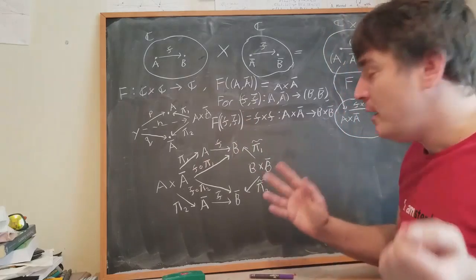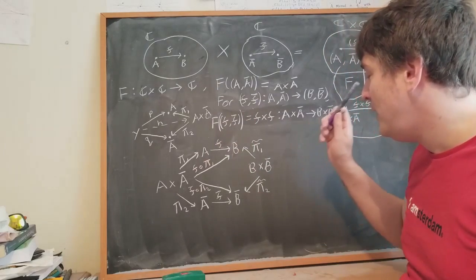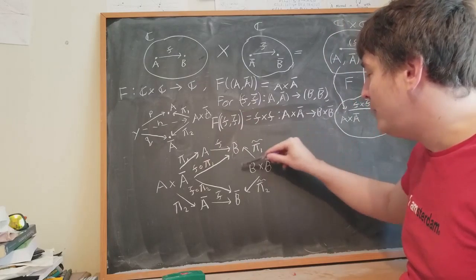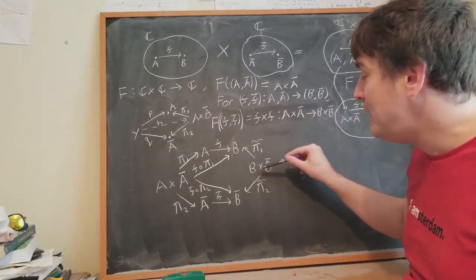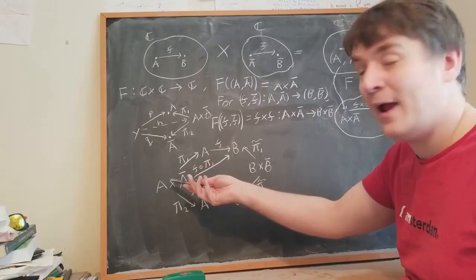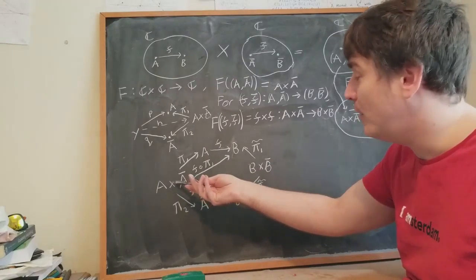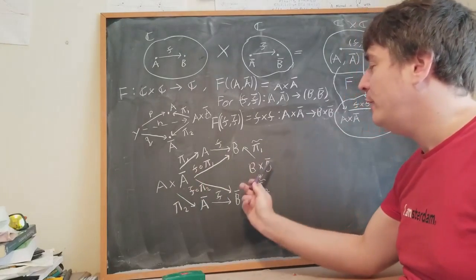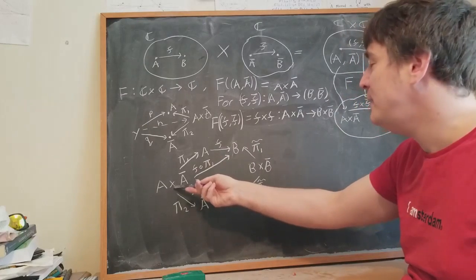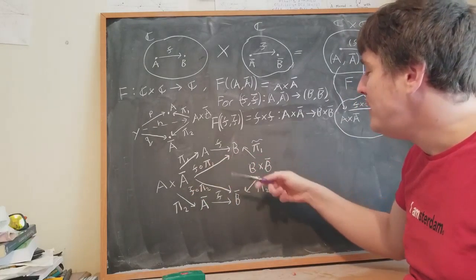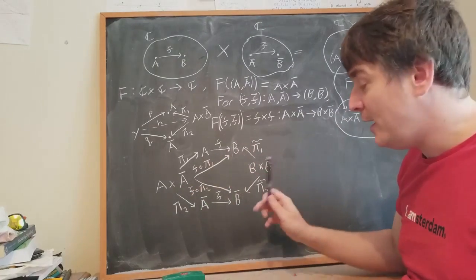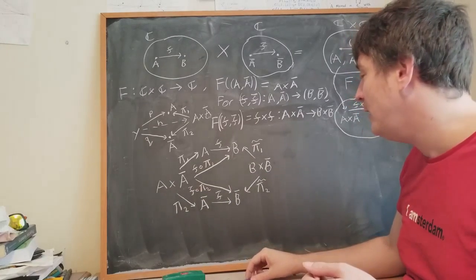So now what we can do is look at things from the perspective of B times B bar and think of this as a candidate for being a product. And we'll think, well, hey, you're a candidate. You have these arrows going into my B and B bar, so I can do what you can do better.